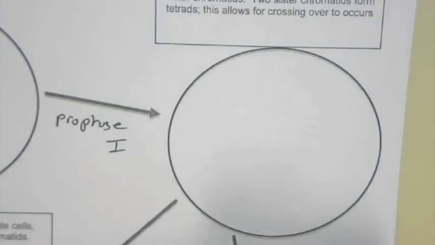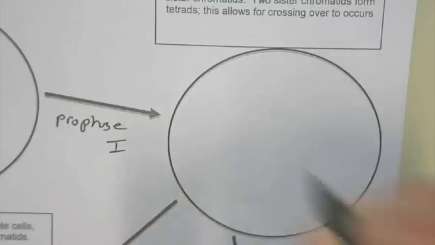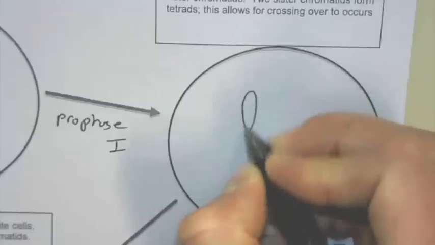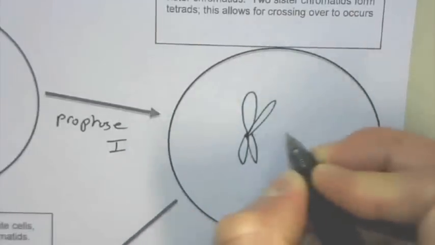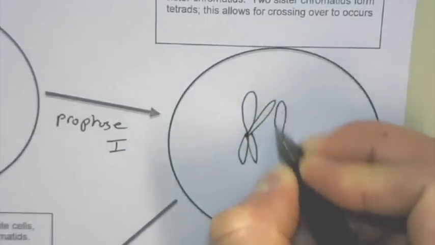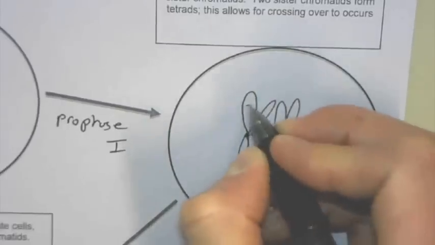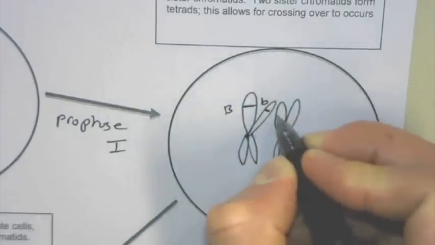Our second circle will then represent metaphase 1. And at metaphase 1, our homologous chromosomes have duplicated. And they will be exactly the same.